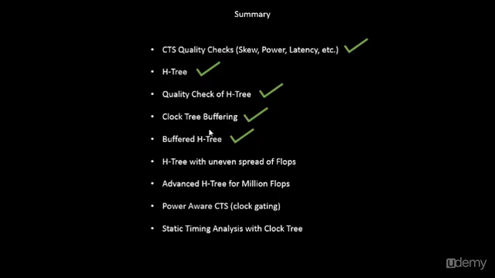In this section we also came up with an optimized clock tree, where we said that we should not be over designing any circuit. We should use only the limited number of buffers that is sufficient for the clock tree. So this was pretty much power aware. We were able to reduce the short circuit power and the switching power to some extent, and even the leakage power to some extent. So we did all of that in the buffered H tree topic.